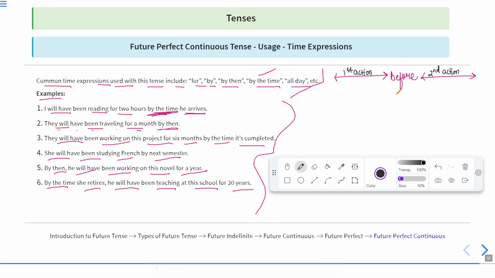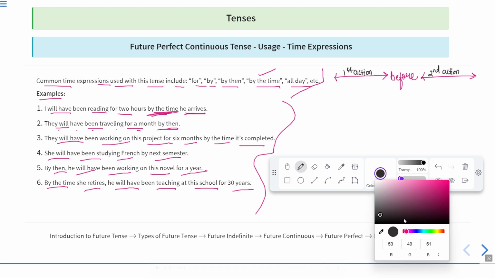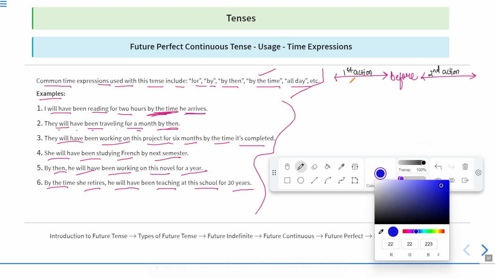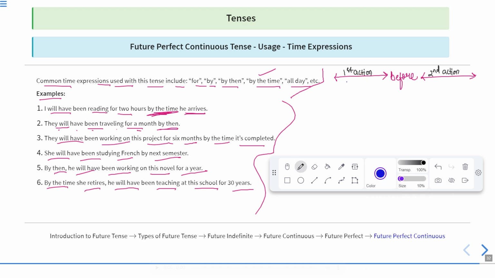And I told you about both of these actions, that the first action is always written in, now let me change the color to explain it easily. Now the first action is written in perfect tense. Okay. However, the second action is written in indefinite.